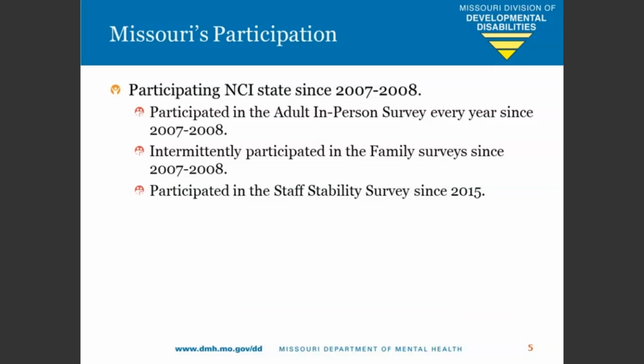So the survey year goes from July 1 to June 30th. So that is why you will notice when we talk about survey years, we will say 2007, 2008. Because the survey year involves both of those calendar years.